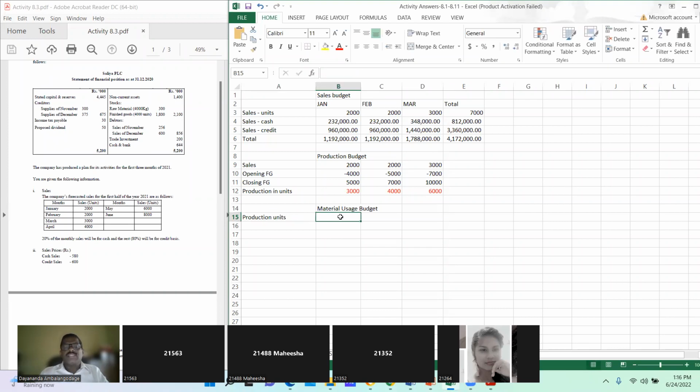You can remember it's 3,000 and here it is 4,000 production units. We have to produce 4,000 and here we have to produce 6,000 units in the month of March. And we need to find out the material requirement for one unit, direct material, DM for one unit.